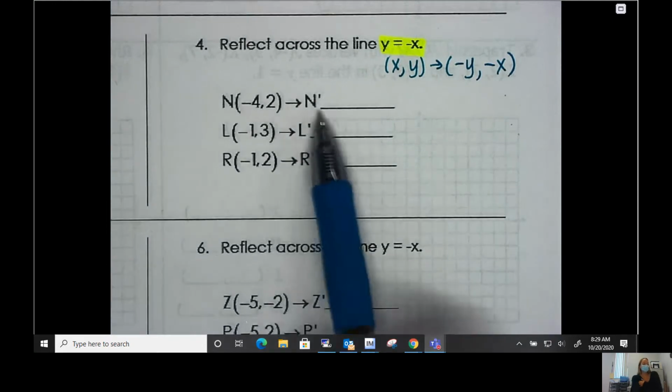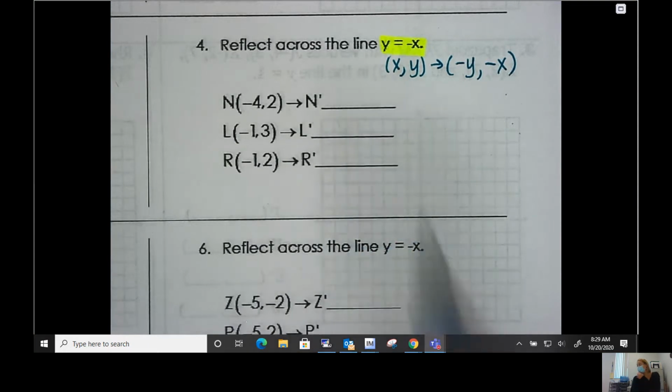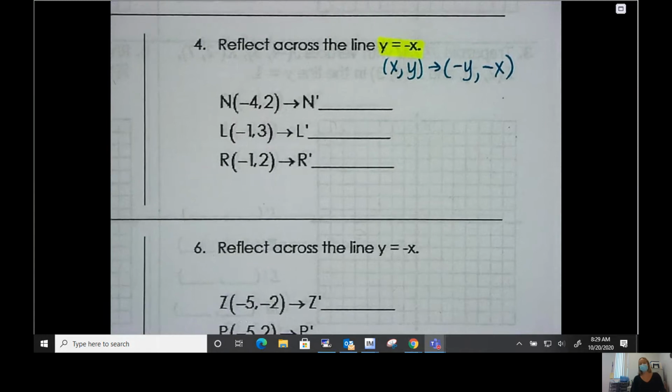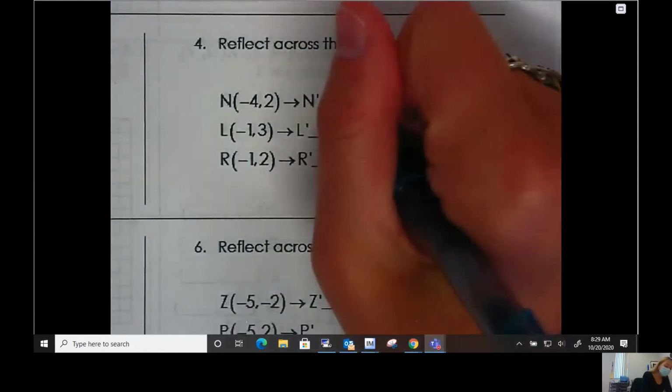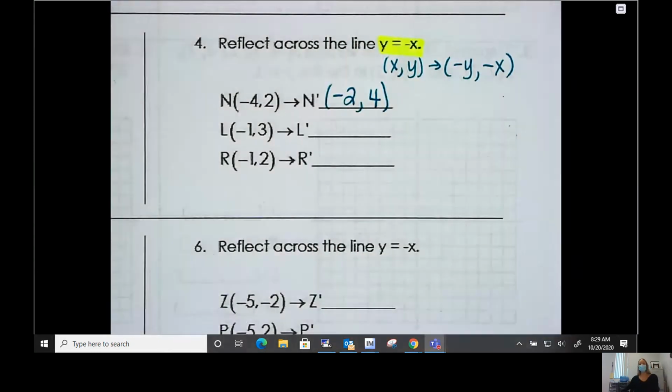Who can raise their hand and give me the first coordinate for n prime? Yes, that's what we're starting on right now. Number 4. This is the first one we're doing together. All right, Nicole, go ahead. Good. -2, +4. Switch places and switch signs. Good.